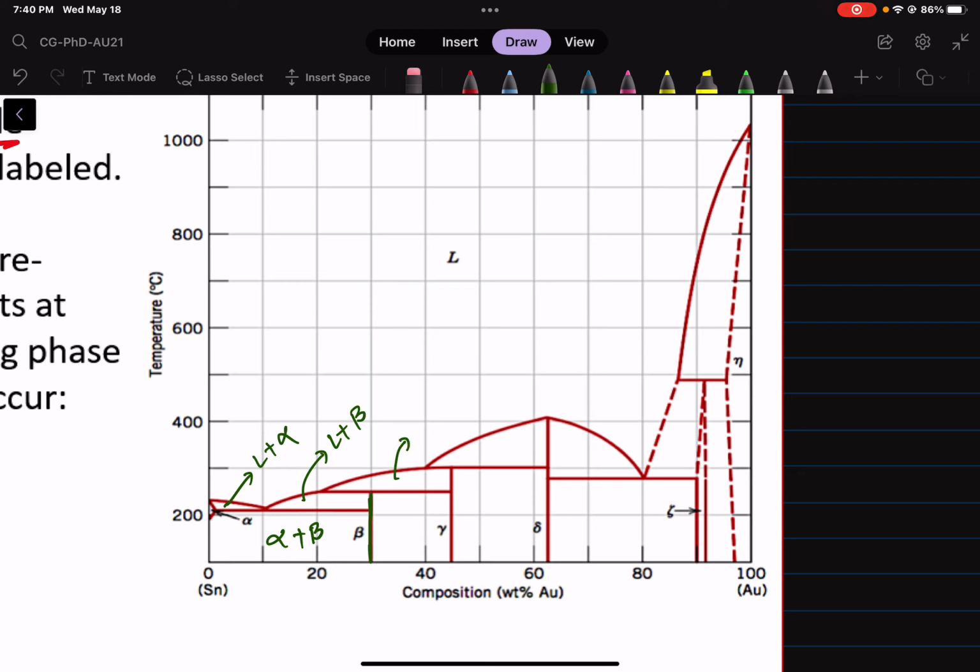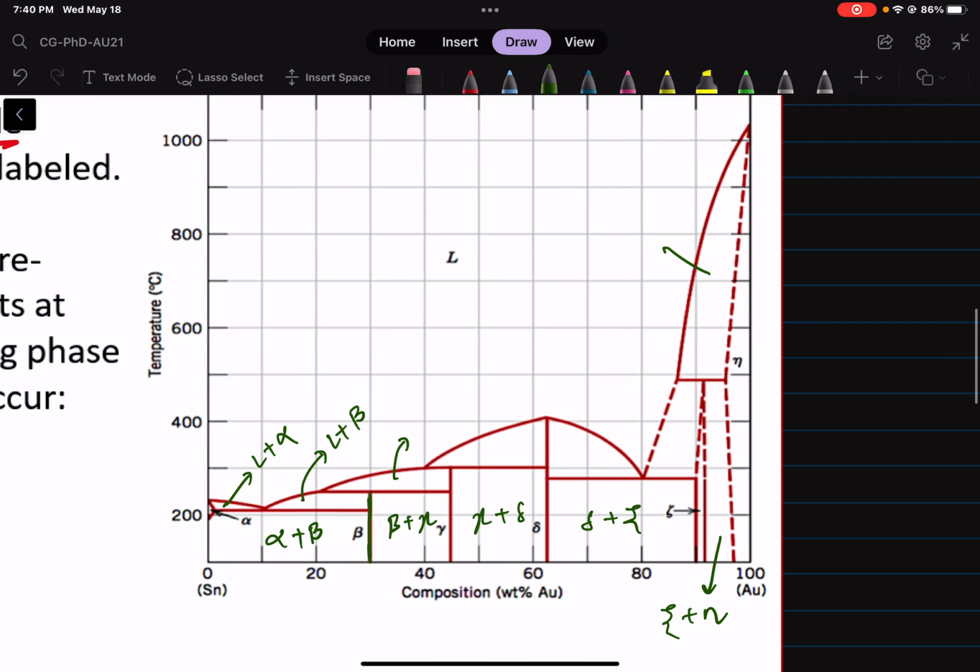This region will similarly be, let's come back to this. This will be beta plus gamma. Over here, this will be gamma plus delta. This will be delta plus psi. And this region will be psi plus eta. At the right top, this will be liquid plus eta.